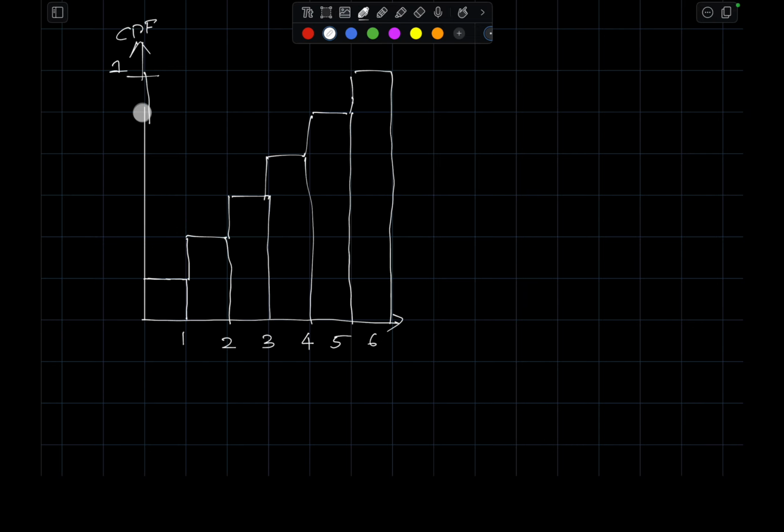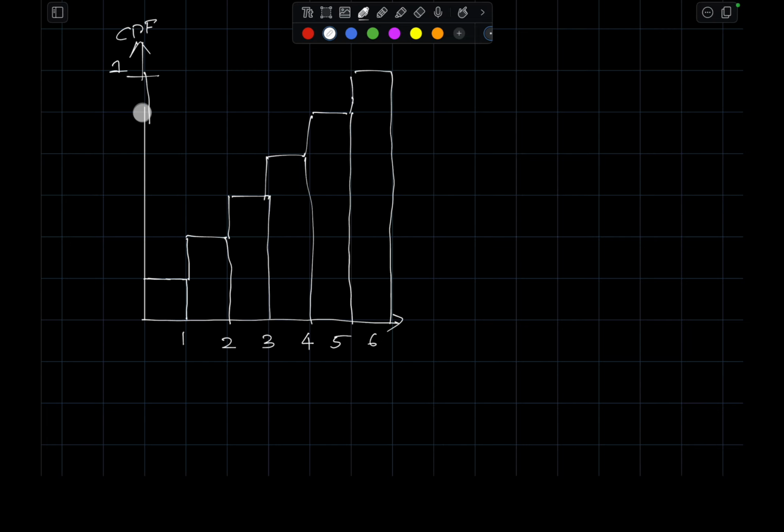Don't we smoothen the curve, or is it just the values that we plot? For CDF, yes, in case of the discrete random variable, as you know, it is a constant value in this particular case at least, right?